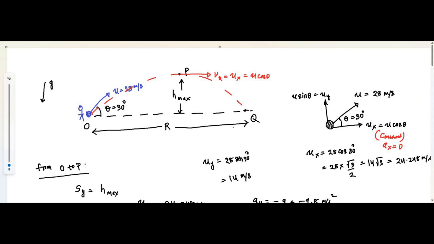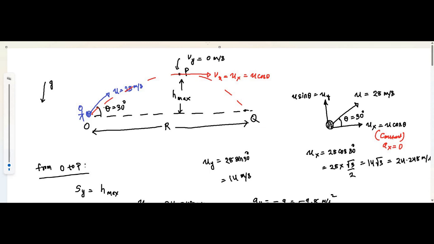But at the highest point, the vertical component of the velocity is 0. That is, at point P, vy is equal to 0 meter per second.